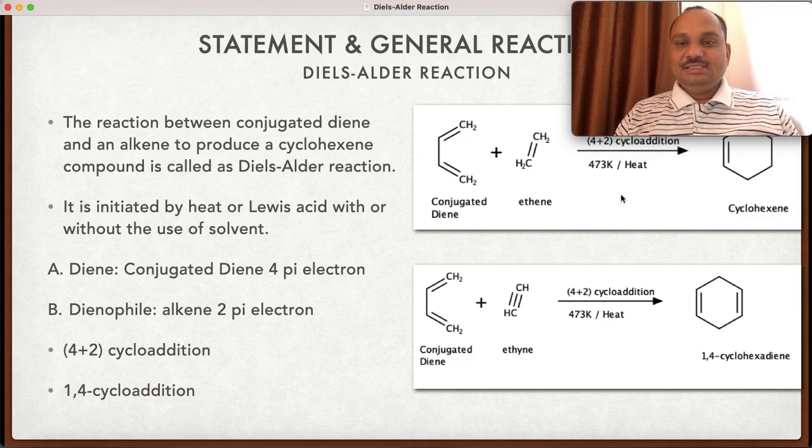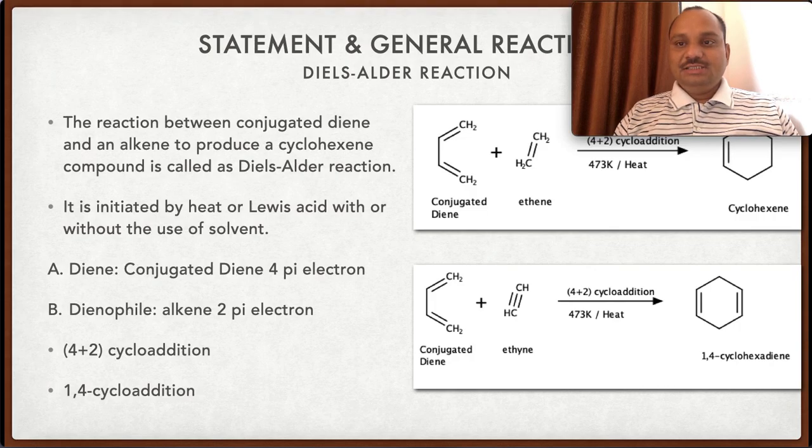This reaction is initiated by heat, that's why we call it a thermal reaction, or it may be catalyzed by using a Lewis acid. This reaction can be carried out with or without the use of a solvent.